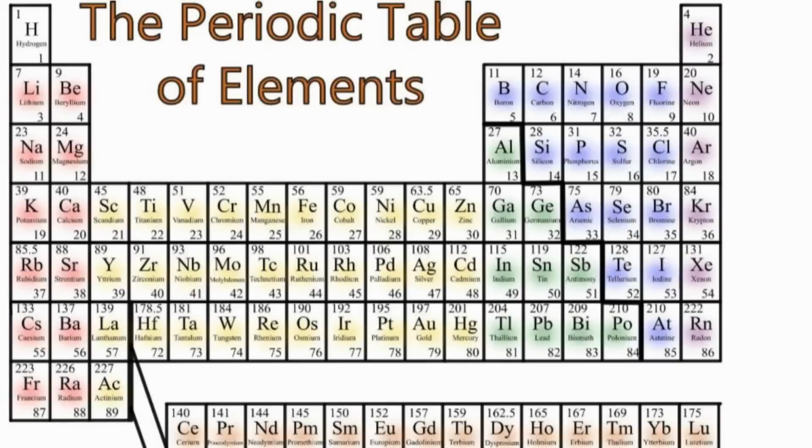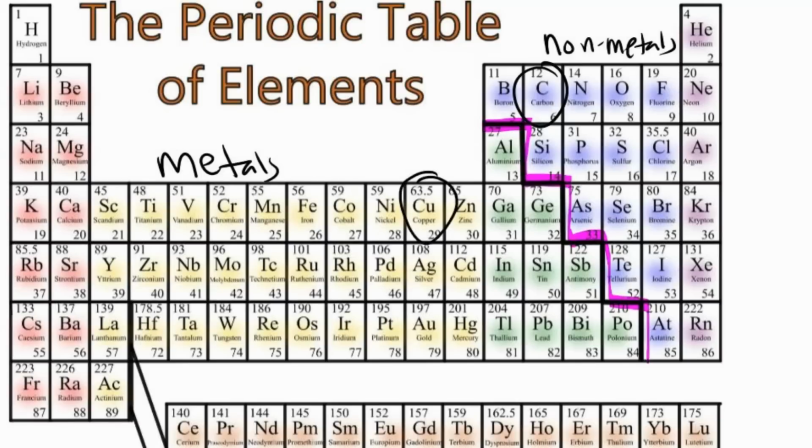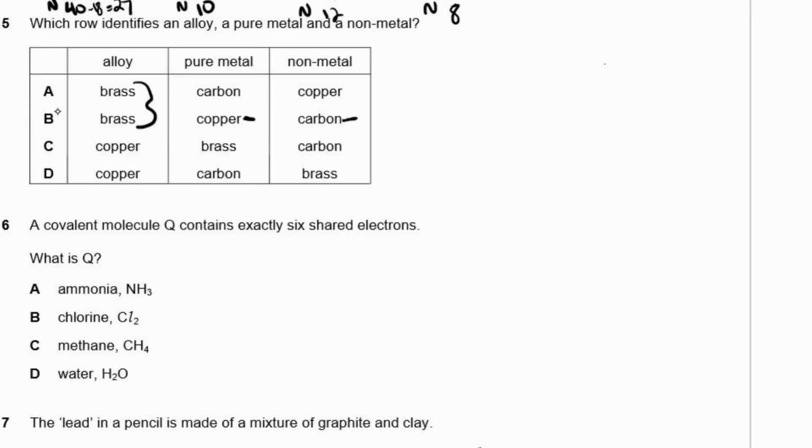Remember, here's the periodic table, and this zigzaggy line separates metals on this side and non-metals on this side. So carbon is a non-metal and copper is a metal. So the answer is B.